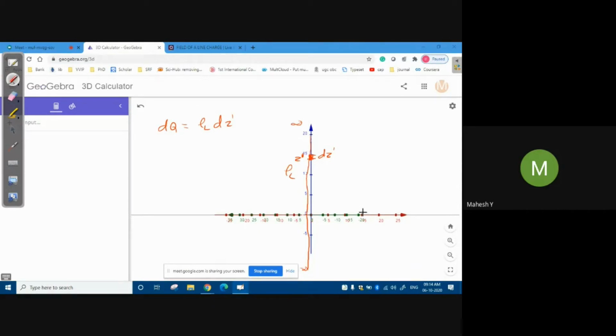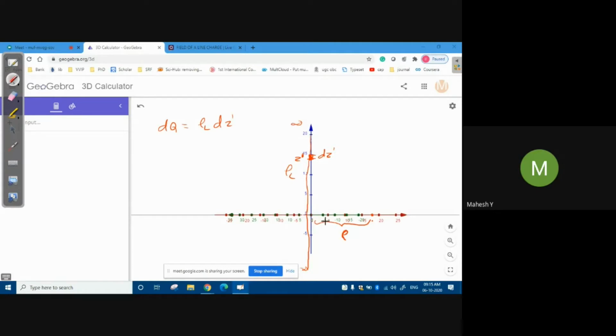We want to find the field at a point which is at a distance rho from the line. Which coordinate system is good when I am analyzing the electric field intensity due to a line of charge?